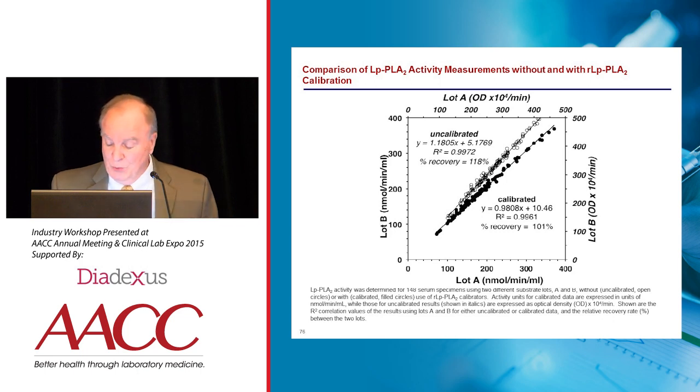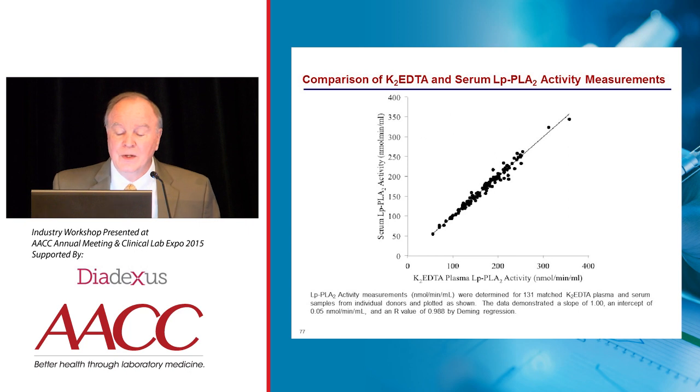Well, for sure, if you want to be working with a vendor, you want a vendor that sends you reagents that work just the same this month as they did last month. Here's an interesting study, too. We can correlate testing, for example, in EDTA plasma versus serum here, and notice we get a slope of 1. And you heard the problem, of course, of adding on tests.